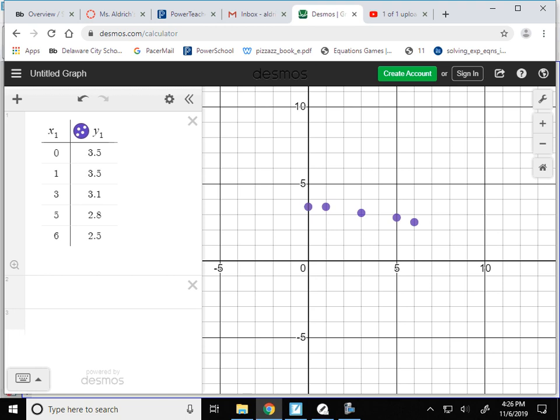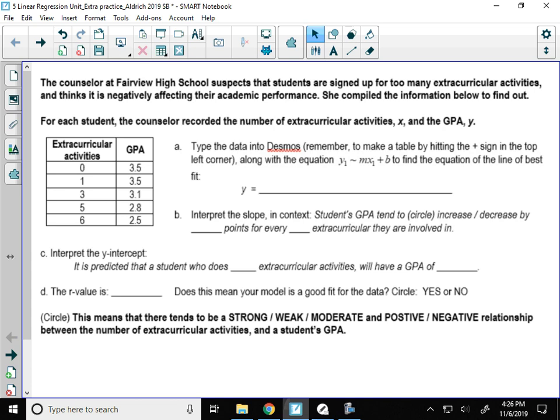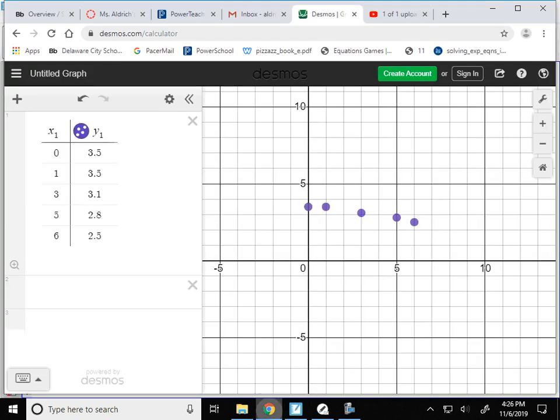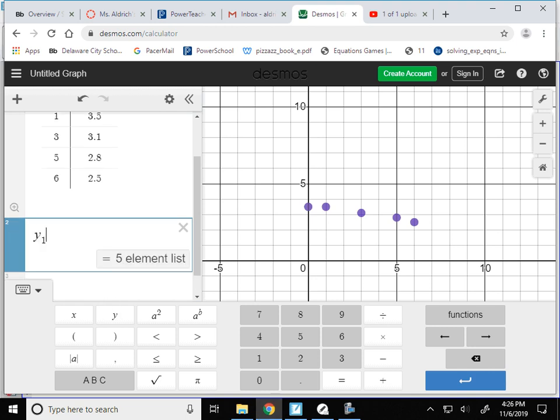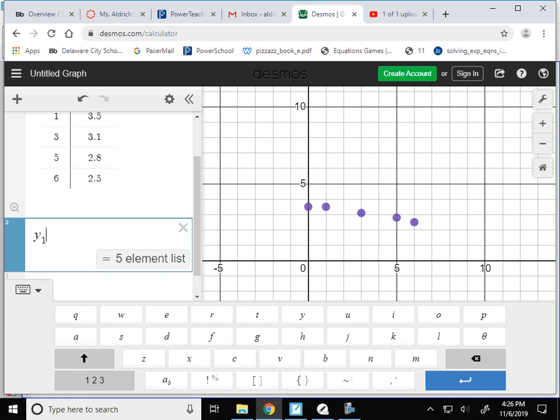Now the next thing you do, your paper tells you to do this, is to type y1 tilde m x1 plus b into the next box underneath. So down here, you're going to type y, and then you just hit 1, y1, and it makes it a subscript. Now to find the tilde, remember you can go about it a couple ways.